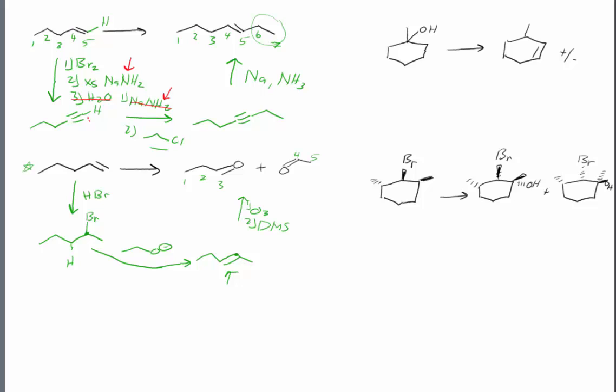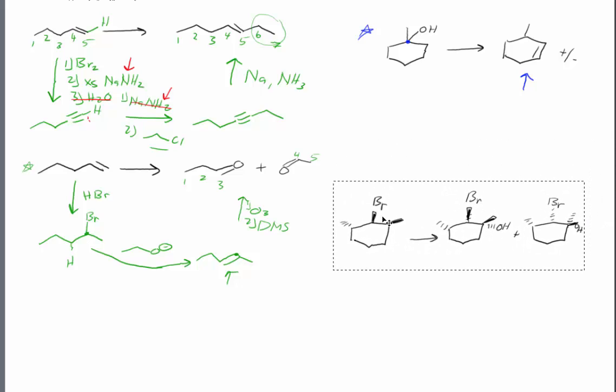Let's look at this reaction up here. We're taking this tertiary alcohol and we're converting it into what looks like an alkene that's sort of migrated itself around the ring. And of course we can create alkenes through elimination, and I think in this case I'm going to move this one down just a little bit, get it out of the way there.